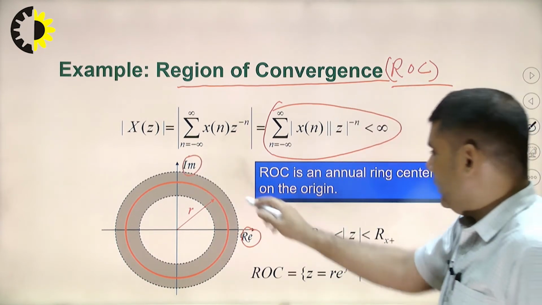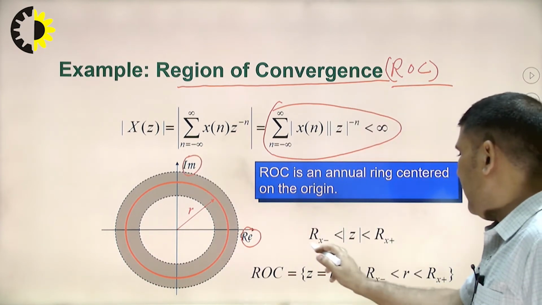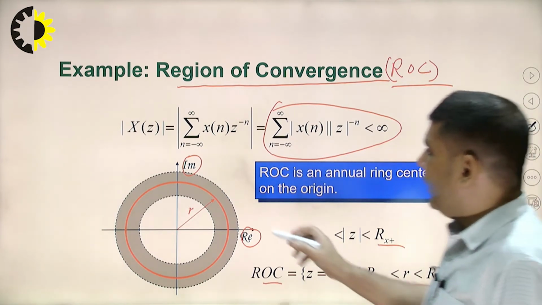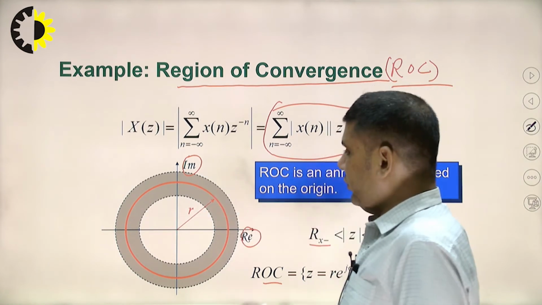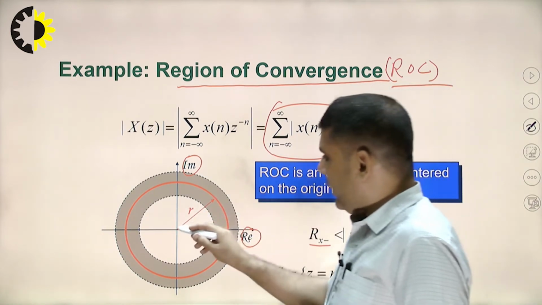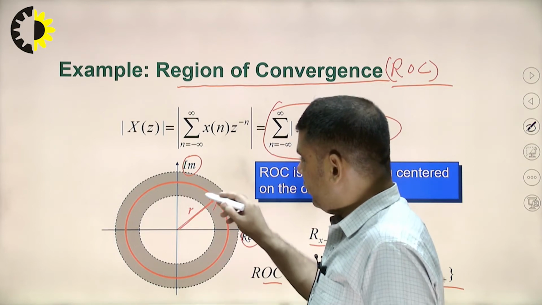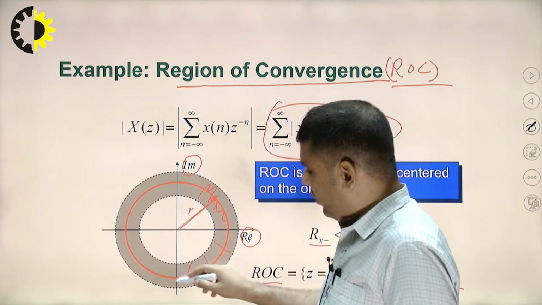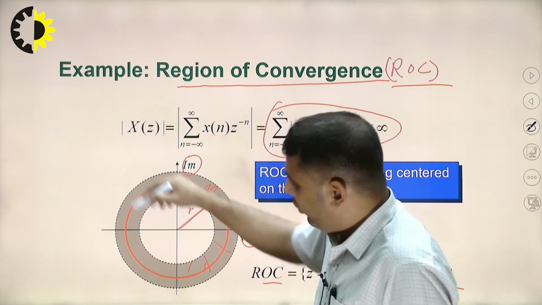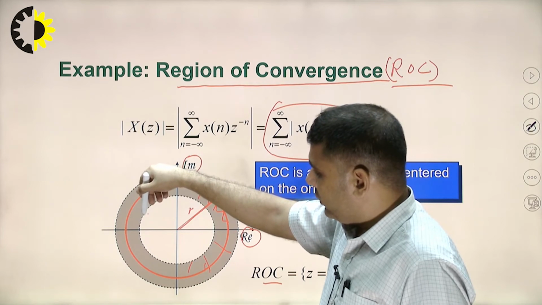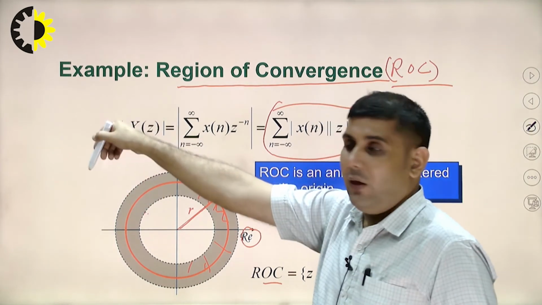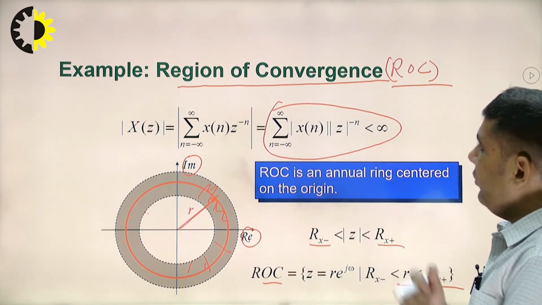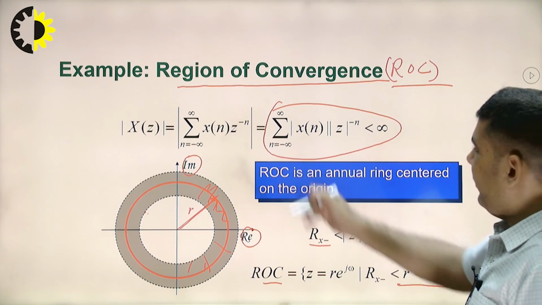So ROC is defined between the areas. If we have a signal with radius R, the ROC may be this region, or my ROC may be inside this circle, or maybe outside the smallest circle or the largest radius circle. So different cases are there. How that is defined, we will see in the coming numericals.